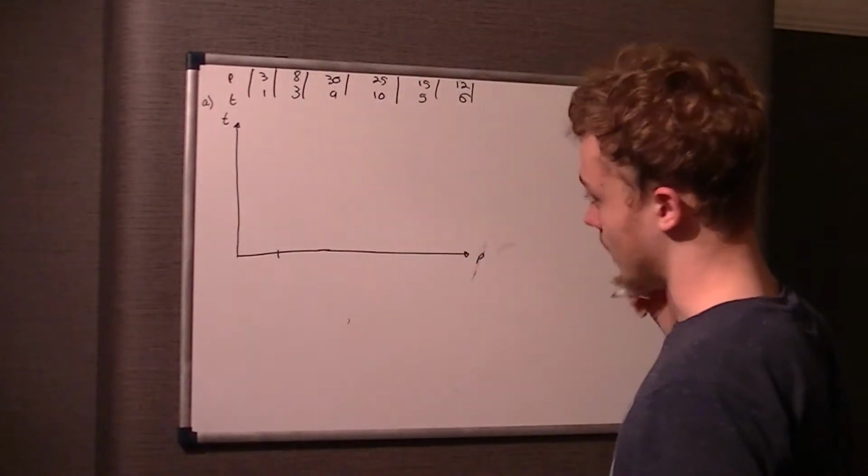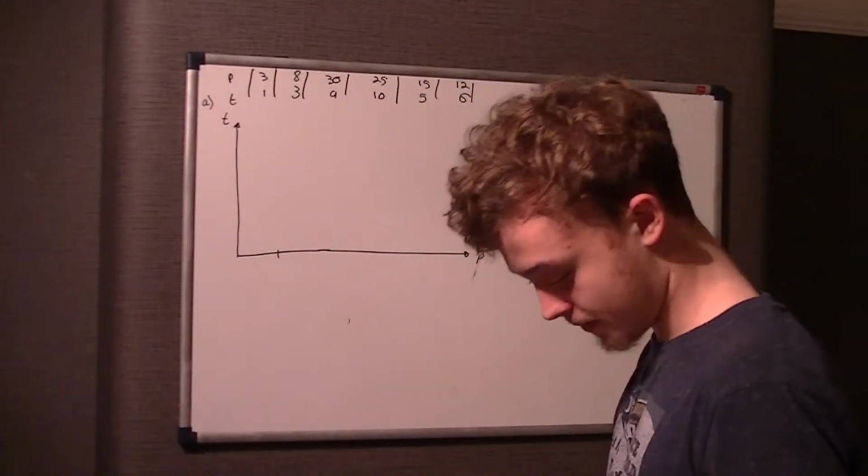So obviously each little square equals a half. That helps you with working these out.